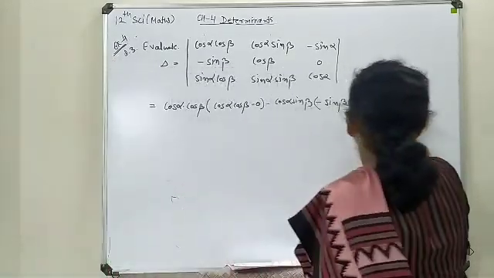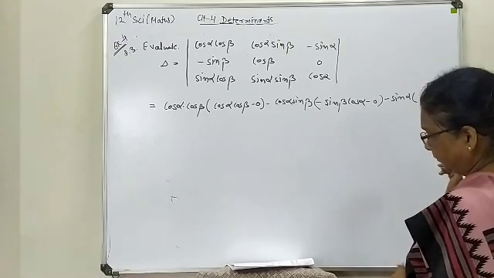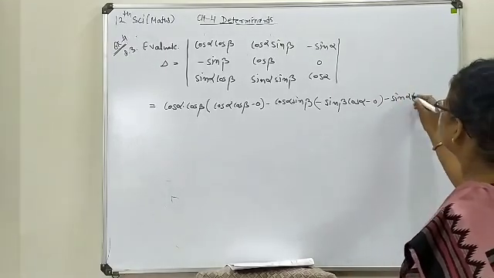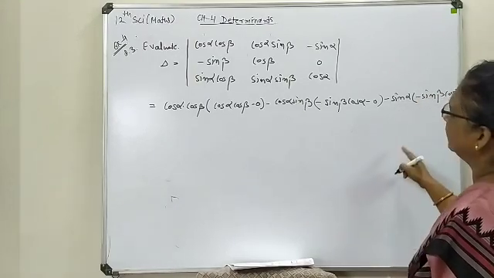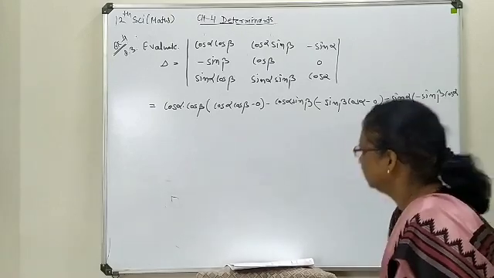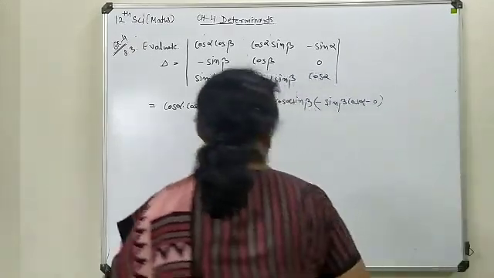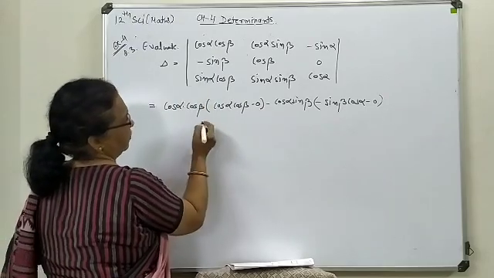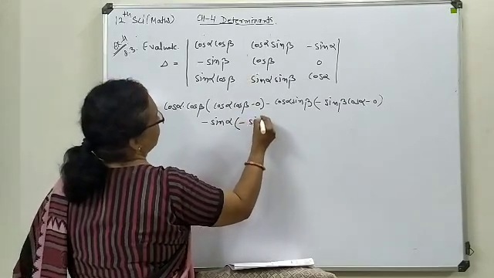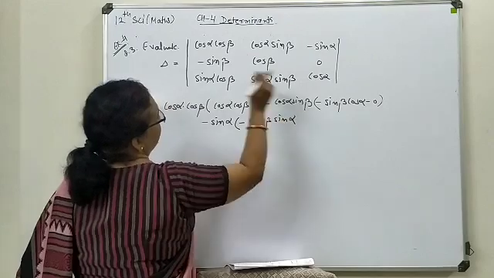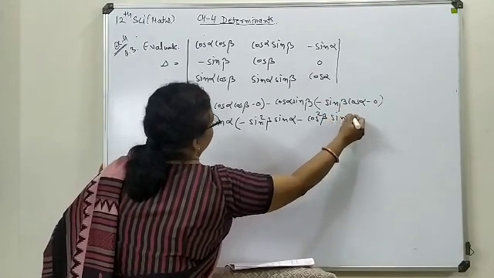Last one, minus sine of alpha, minus sine of beta cos of alpha, and the last term we will have is minus sine of alpha, minus sine square beta sine of alpha and minus cos square beta sine of alpha.